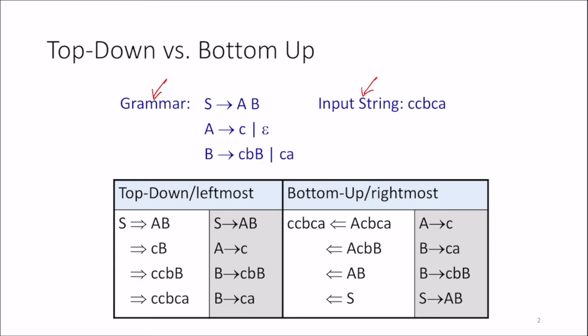So let's take this example here. We have a grammar, which is, you have a start symbol S, and it expands to two non-terminals, A and B. So there's only one rule here. And then there are two A rules. The A can expand to C, or it can expand to the empty string. So there are two rules with A on the left-hand side. And then there are two rules with B on the left-hand side.